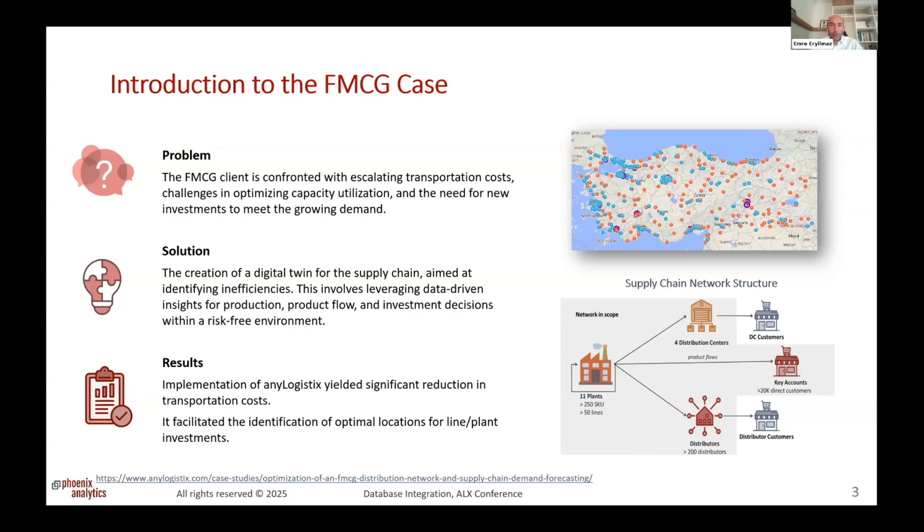Turkey is a huge geography, and there are some issues with determining the ideal source matrix. So which distributor should get product from which plant, and which product should be produced at what level, these kinds of questions we have. So I want to mention a little bit about the supply chain network structure of CCI Turkey.